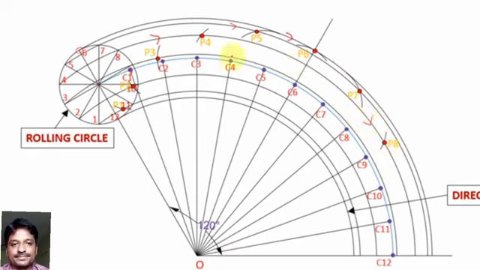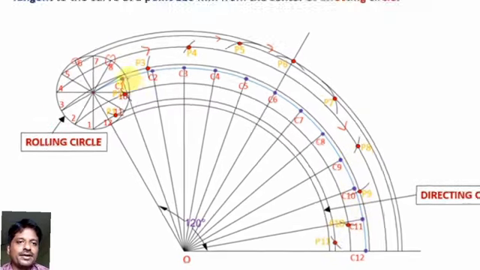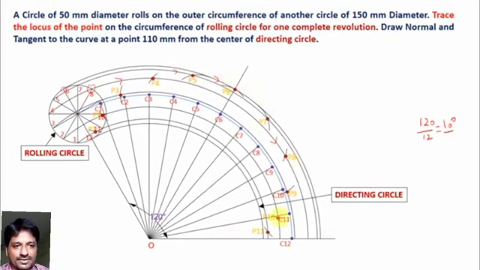And in the same manner, C9, C10, C11. I hope you understand how the arcs are being plotted. So we have the points of the epicycloid now. Just join them using free hand and you will get a curve. That curve is nothing but the epicycloid.